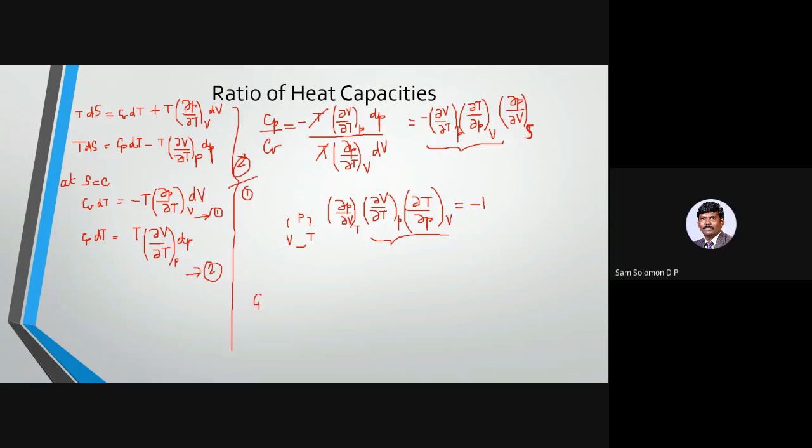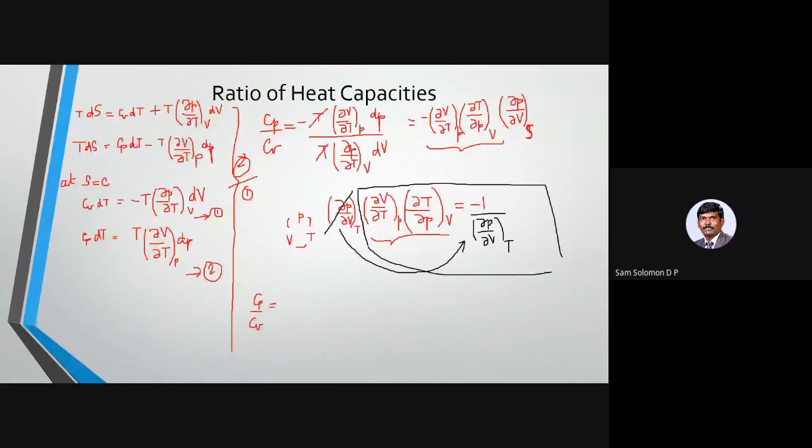So what we have is Cp by Cv is equal to, we can write this as, so if I just retain this alone on the left hand side, then I can bring this to the right hand side such that this is minus 1 divided by partial P by partial V at constant T. Okay, so this is what I'll get.